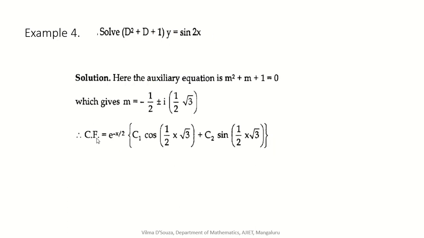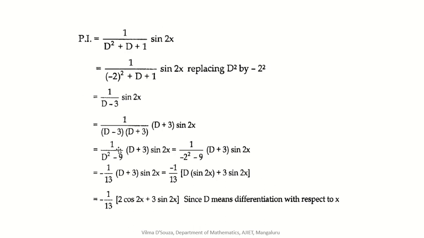We will take one more problem. Auxiliary equation, again a second order equation. Check the roots. Depending on that, you write down the solution, the complementary function. I will explain how to find the particular integral.